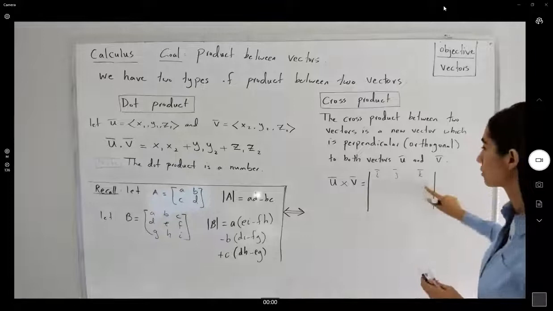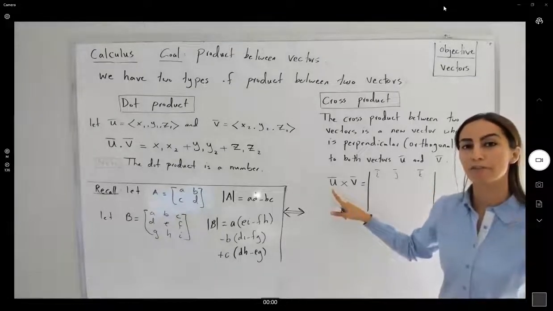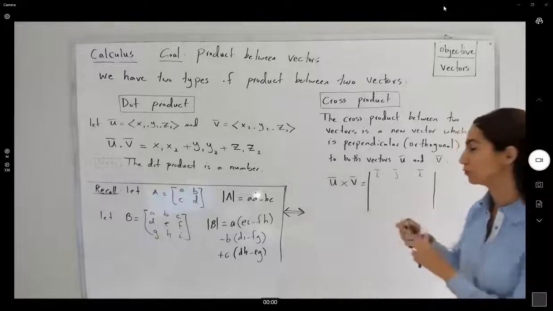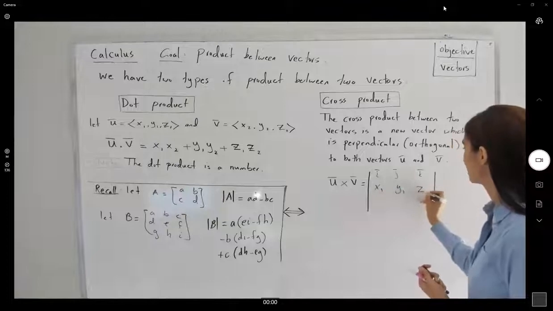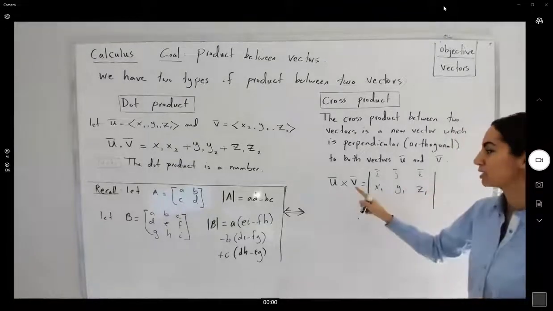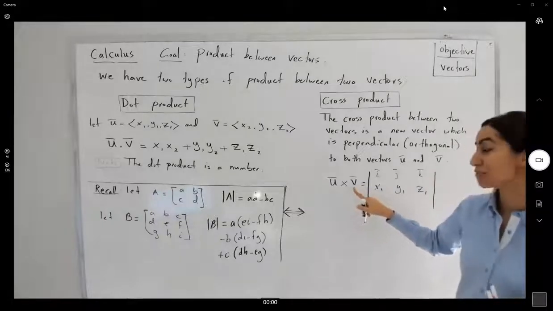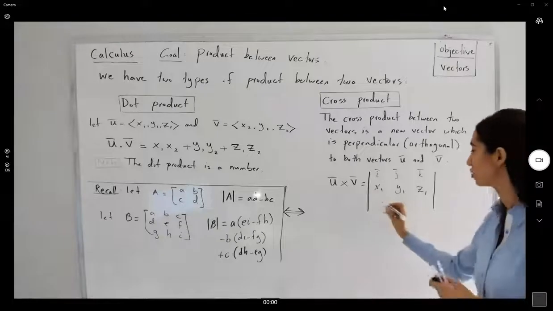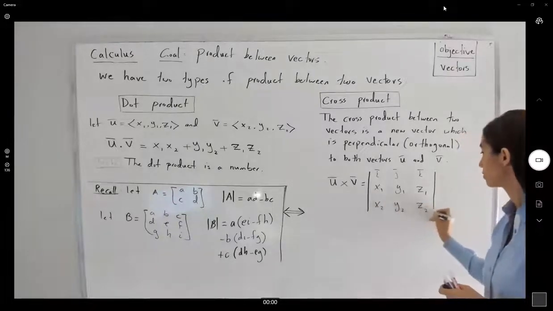On the second row, we're going to write down the components of the very first vector, vector u: x1, y1, z1. And on the last row, we're going to copy down the components of the last vector, which is vector v. So here you have x2, y2, and z2.